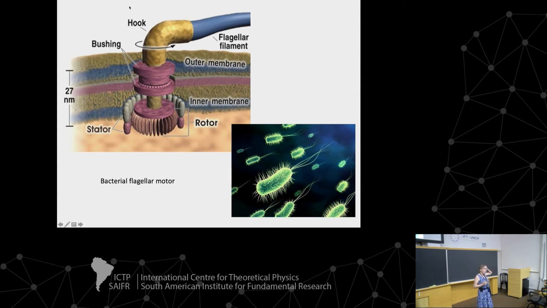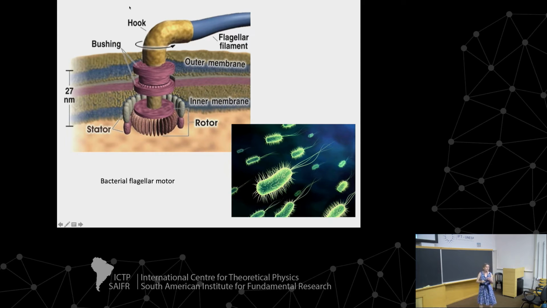Here's another sort of molecular motor. This is a bacterial flagellar motor, and this is how bacteria swim. It sits between the body of the bacterium and the tail, across the cell membrane. It looks like this.